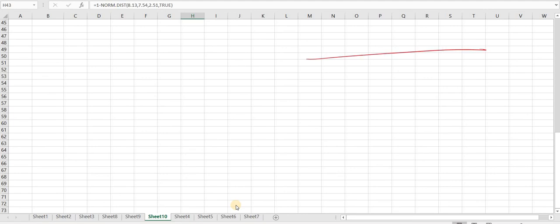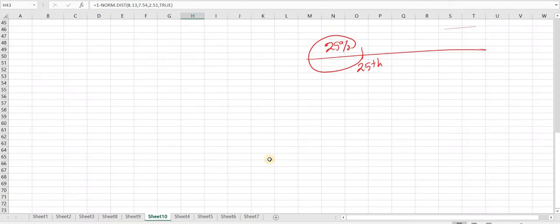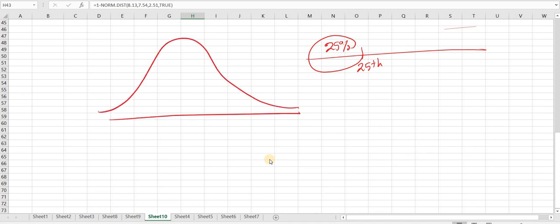For example, if we want to find the 25th percentile, that means 25% of the data lies below it, and then 75% is above it. So it's defined by the area below it, not above it. So in this particular question, if we have 11.94 and we want to find the percentile rank for that number, that means we basically need to find the area below that number.